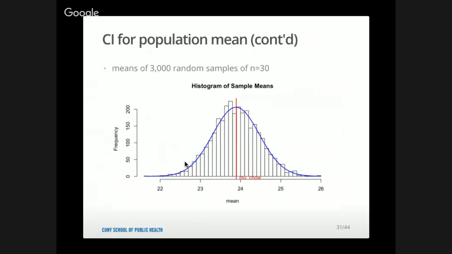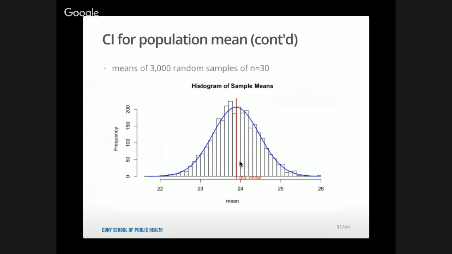But it confirms that our sampling distribution given by the histogram actually matches very well with what we expected from the central limit theorem. This red line being the mean of the population, and the blue curve being the normal distribution calculated from the central limit theorem. Matches really well.